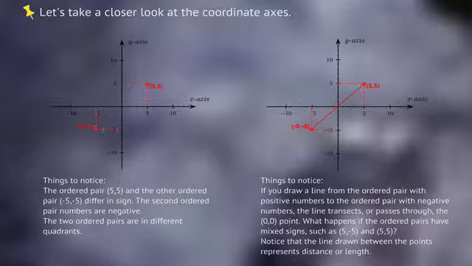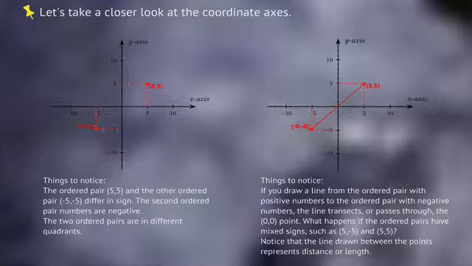Let's take a look at the coordinate axes. Things you should notice. The ordered pair of 5, 5 and the other ordered pair, -5, -5, differ in sign. The second ordered pair numbers are negative. The two ordered pairs are in different quadrants.